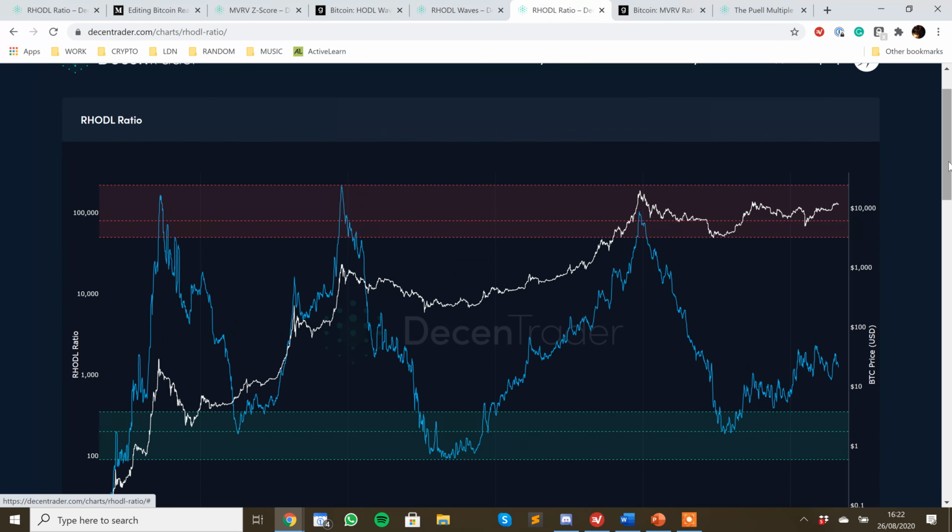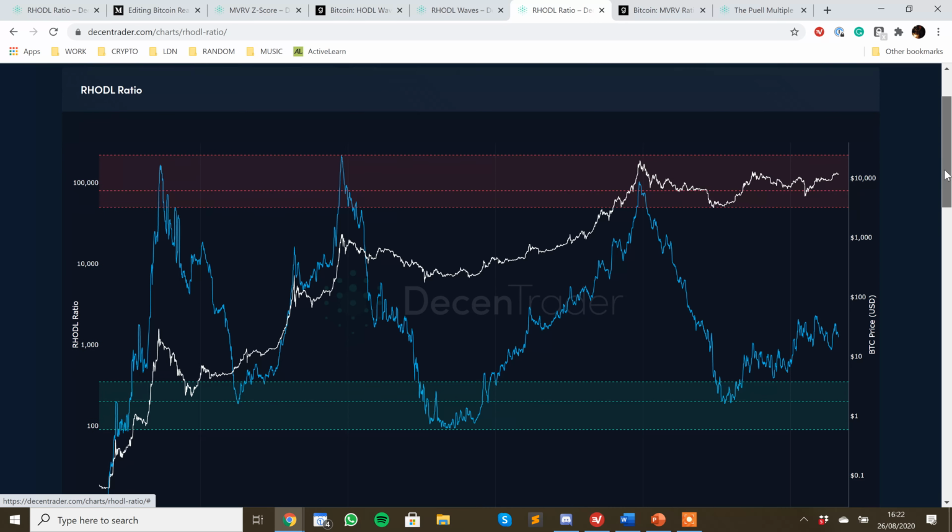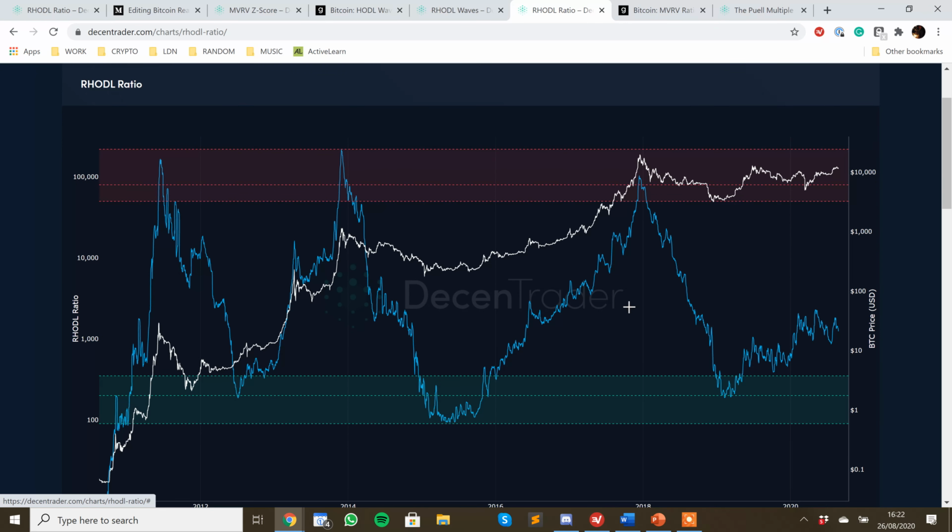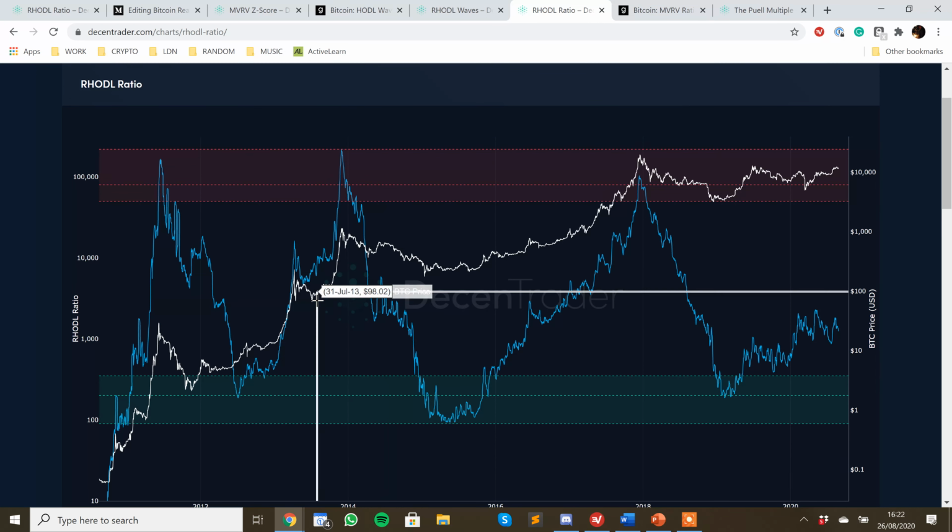And when you do, long story short, you basically get a ratio that looks like this. I've also done something which accounts for the drift you see in HODL waves, but we don't need to get into that. Basically what it does is it gives you this really clean looking indicator.